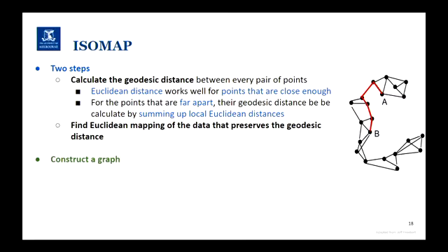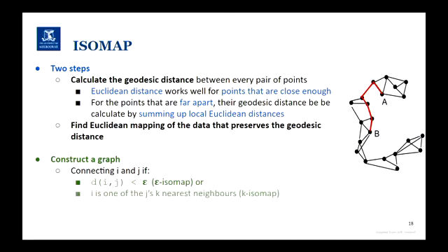First thing we need to do is construct a graph. We have our data in n dimensions, and we'll connect data points i and j if they're close enough. This is called epsilon-isomap. So if the distance between any 2 points in our data set is closer than a given threshold, we'll say it's connected.